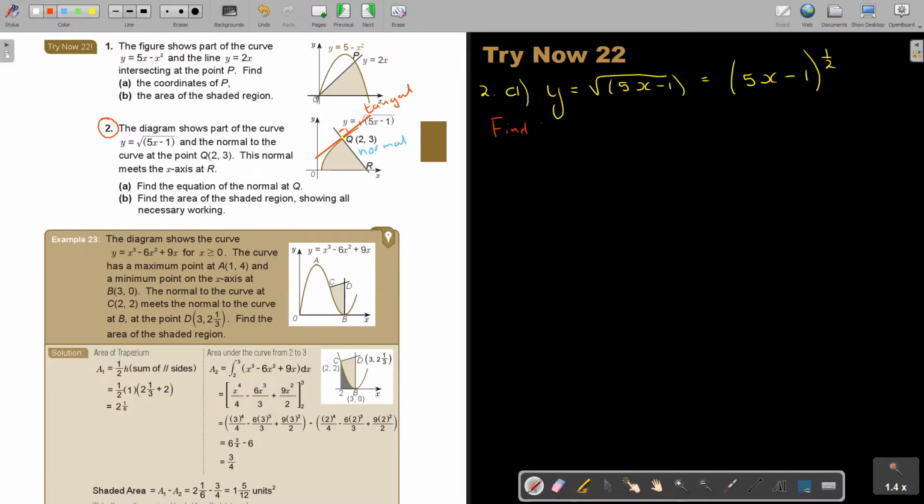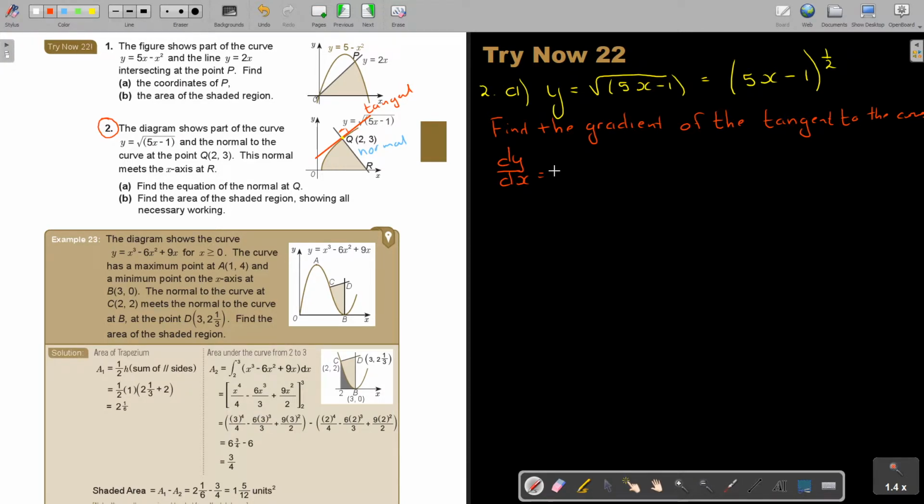Okay, at that point. So I'm going to write it out for you. Find the gradient of the tangent to the curve. Okay, so I'm going to differentiate. So it's dy by dx. It's the chain rule.